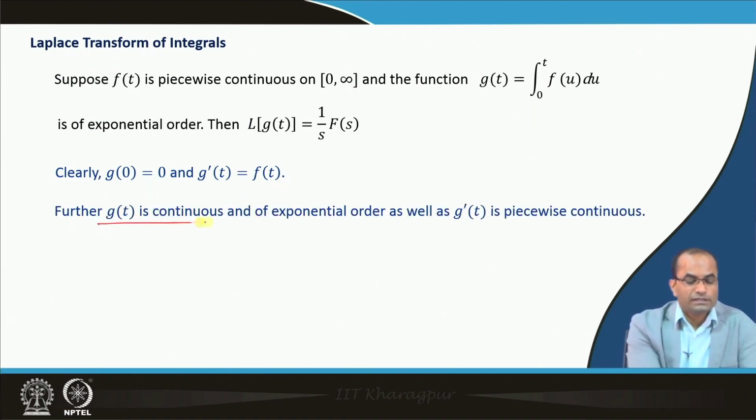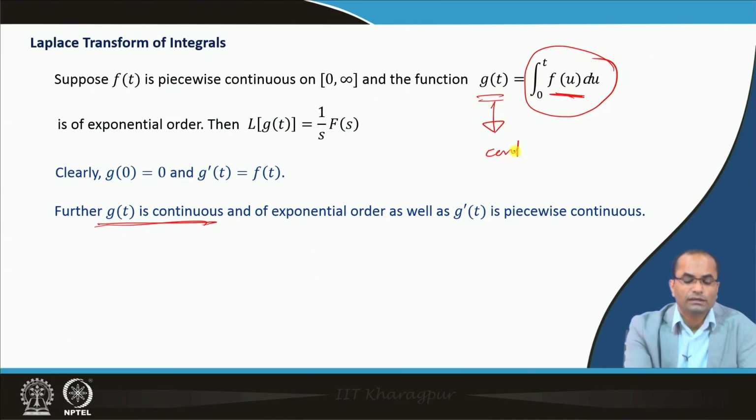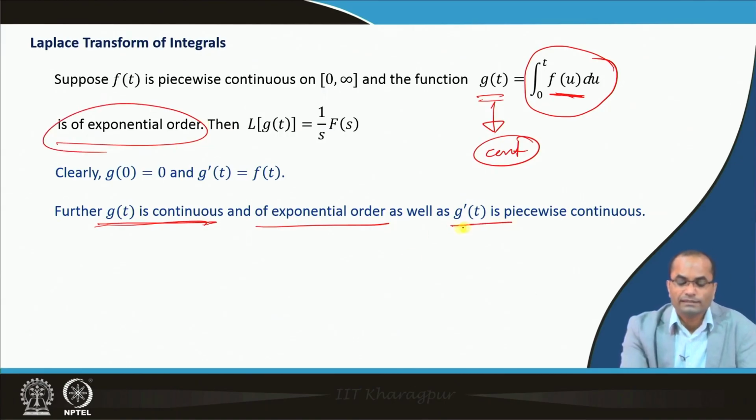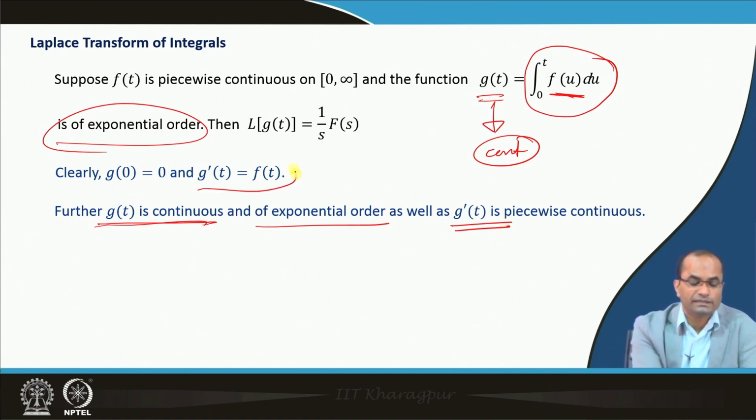Now, g(t) is continuous, because f is a piecewise continuous function and g(t) is its integral. So, g(t) will become continuous and is of exponential order, which is given in the problem, and g prime(t) is piecewise continuous, because g prime(t) is f(t) and f(t) is piecewise continuous.